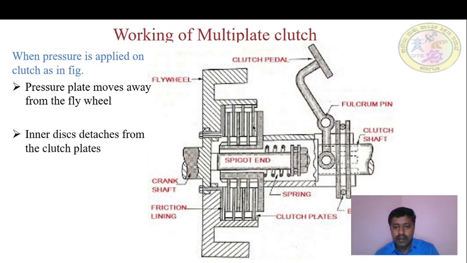So when it moves, because of the movement of this pressure plate away from the flywheel, the inner discs detach from the clutch plates. The clutch plate and inner disc were engaged because of friction, but they will get detached from the clutch plates because of the movement of the pressure plate away from the flywheel.